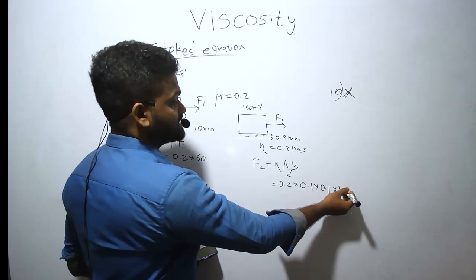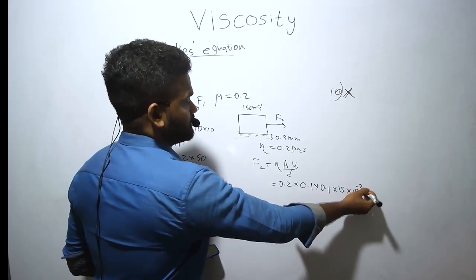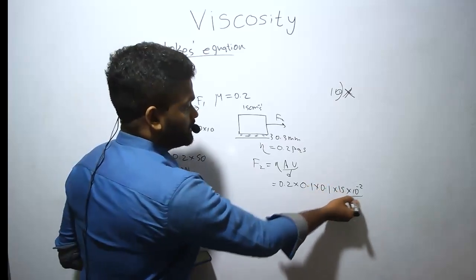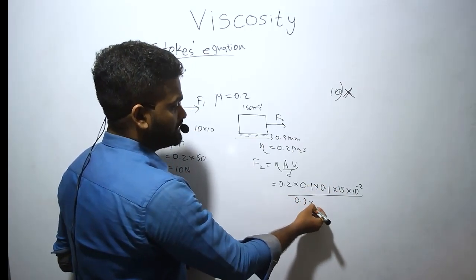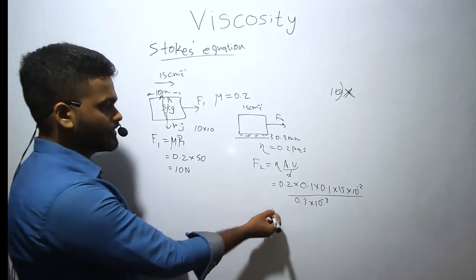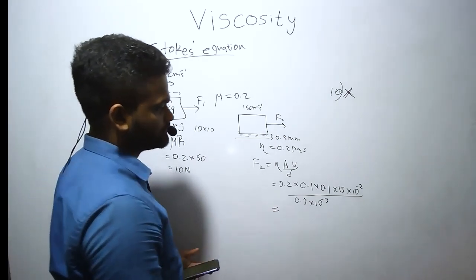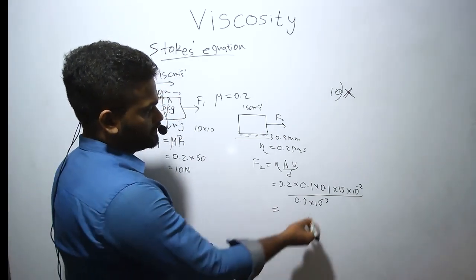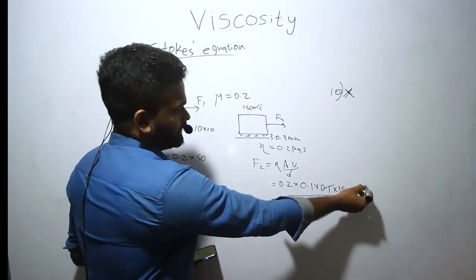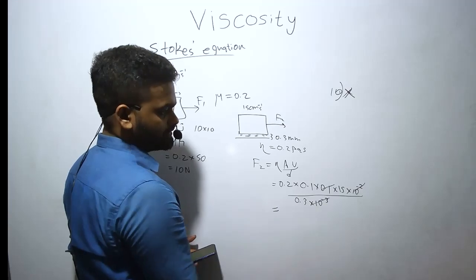Velocity is 15 centimeters, so minus 2. You have to convert into meters per second. Divide by 0.3 millimeters. 10 to the power minus 3. Right? Then 0.1. 10 to the power minus 3. Cancel with 10 to the power minus 3 here.